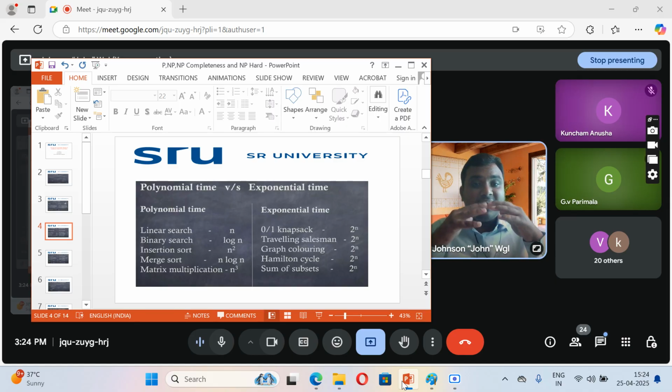Then next one is graph coloring. The graph coloring means we need to give the coloring to the nodes. Then how to give the coloring to the nodes? No two neighbors have the same color. A good example is the map coloring. What is the meaning of map coloring? The map coloring means we have the countries, they have some states, in those states have some cities, then two neighbor cities do not have the same color. We can take three different colors, RGB.